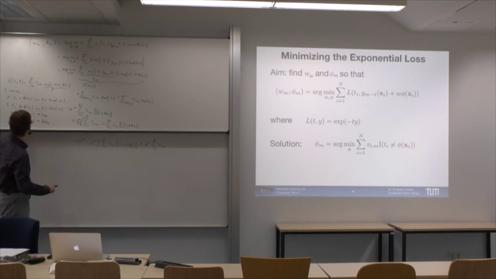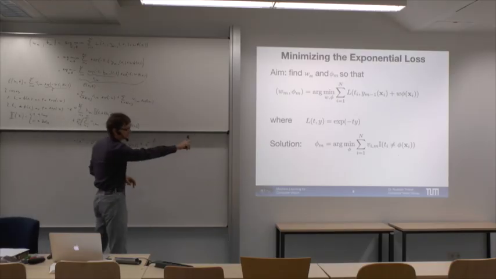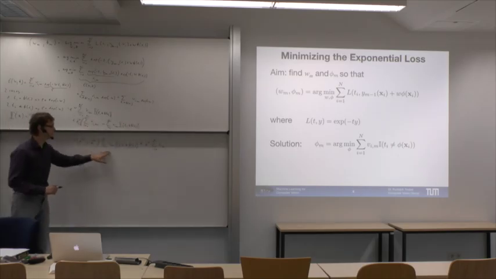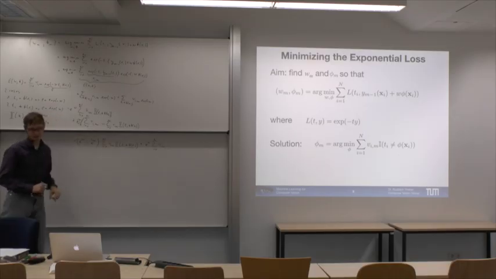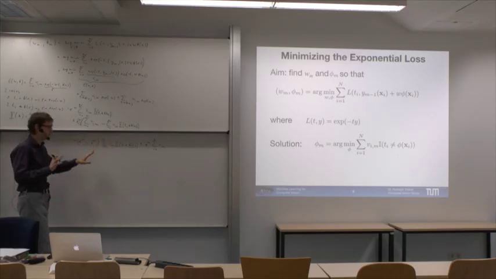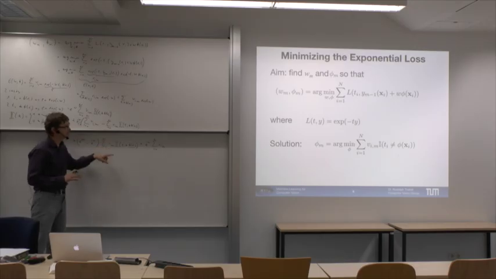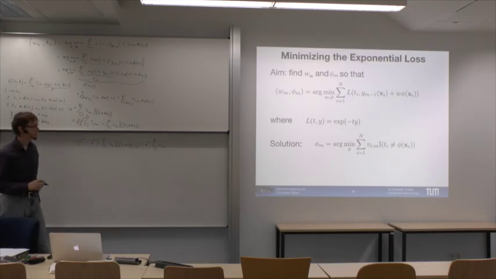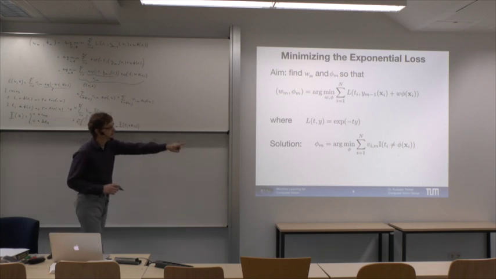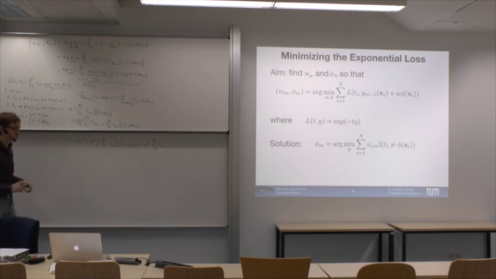So to minimize this error function, the first step is to find a phi that minimizes this, which is nothing else than the weighted sum of the misclassified data points. We sum over our data points, weighted by some kind of weights, so we have to assume there are v values in front of our data points. We sum this up and then find a phi that minimizes this whole sum. That's the first step.